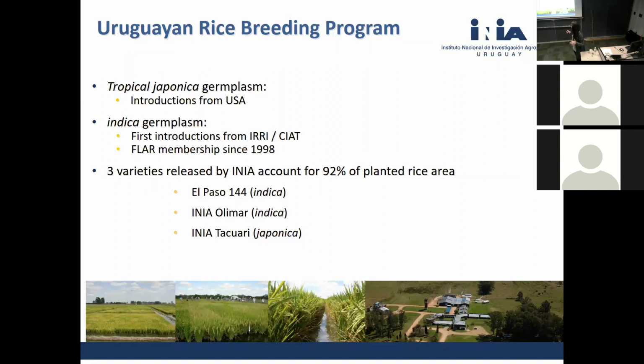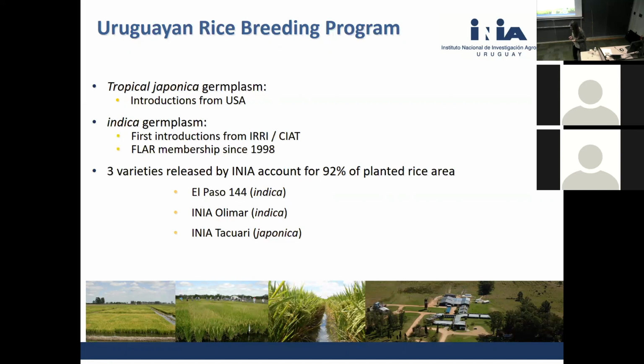The tropical japonica consists mainly of lines that were introduced from the US in the 70s and adapted to Uruguayan conditions. And the indica germplasm consists mainly of varieties that were introduced from IRRI in the Philippines and CIAT in Colombia. Only three varieties released by INIA account for 92% of the planted rice area in Uruguay. These main three varieties are El Paso 144 and Olimar, which are indica varieties, and then a tropical japonica variety, which is INIA Taquari.